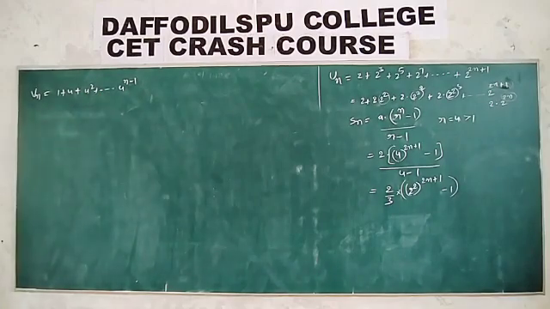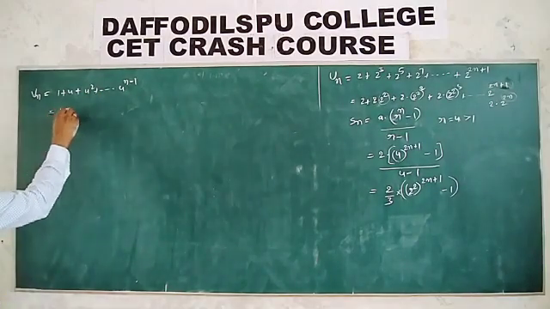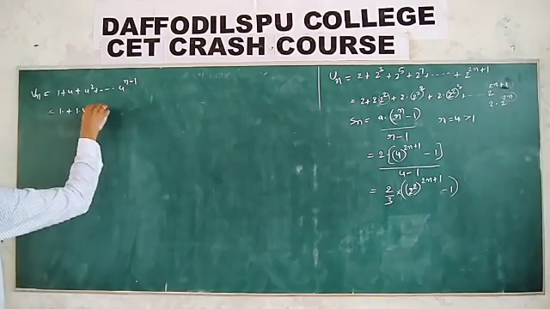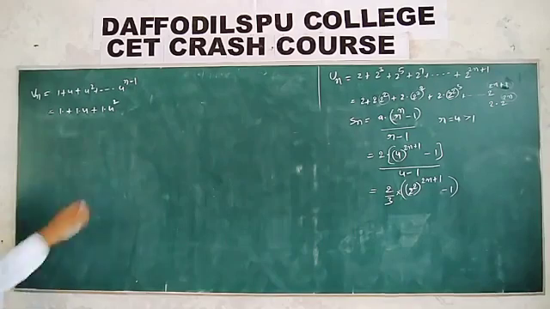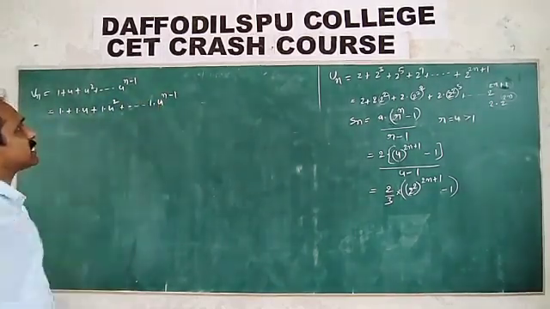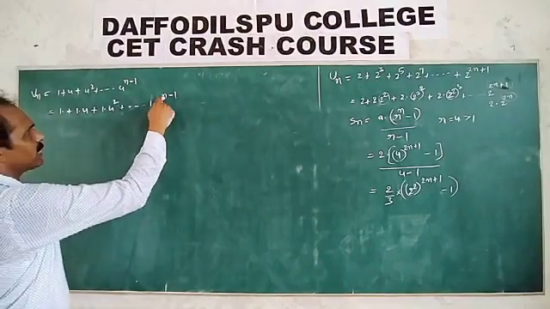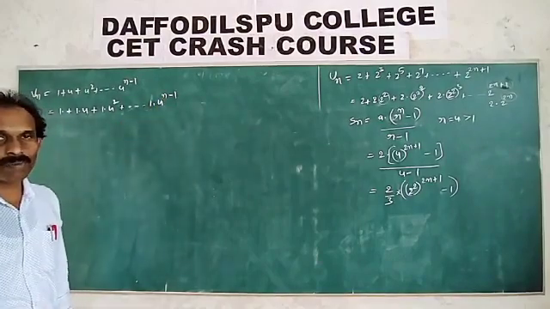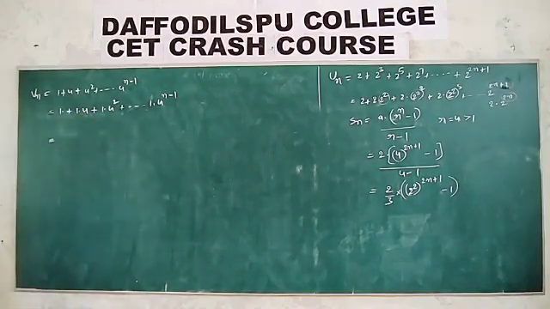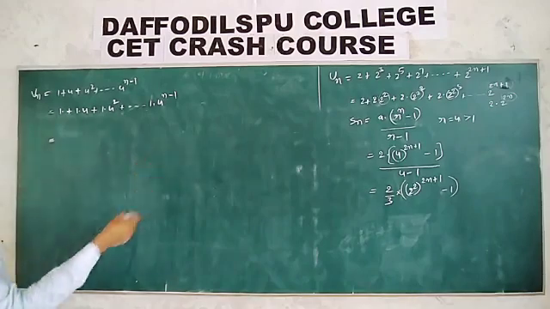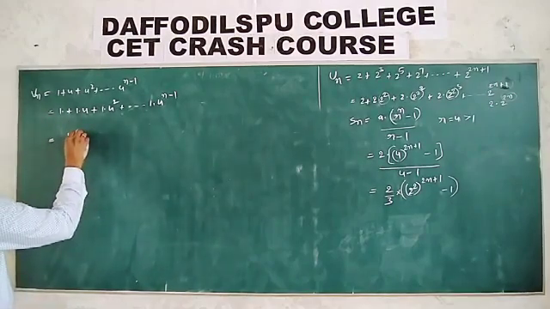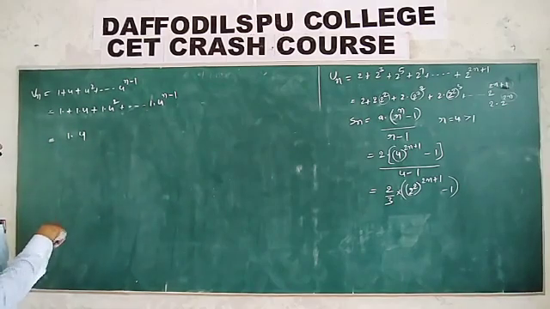So this is also in GP, like 1 into 1, plus 1 into 4, plus 1 into 4 square and so on. The last term is a into r power n minus 1. This is in GP. Here also r is 4, greater than 1, so we use the same Sn formula, a into r power n minus 1 over r minus 1.